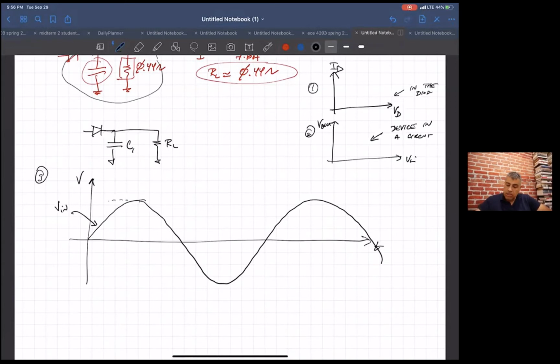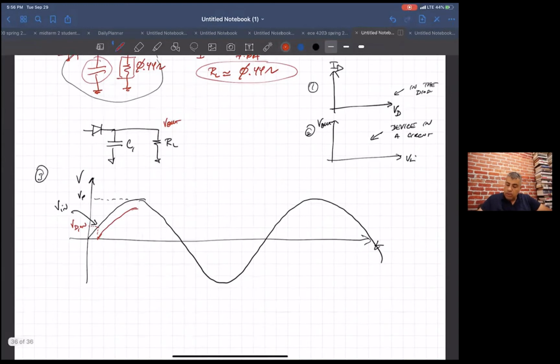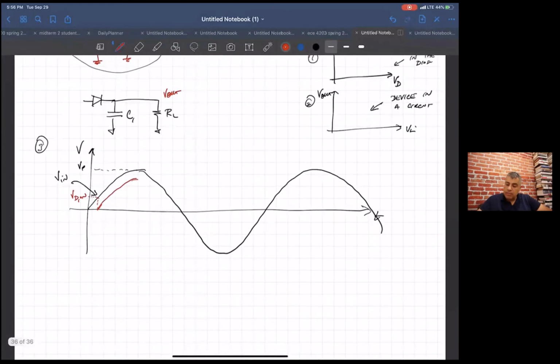So the V in is this. Let's call this the peak voltage. Then what happens is when V in gets to V_D on, the diode turns on. So now I'm going to draw V out. The diode turns on. If we only had the capacitor, you couldn't discharge it, so this would stay high.